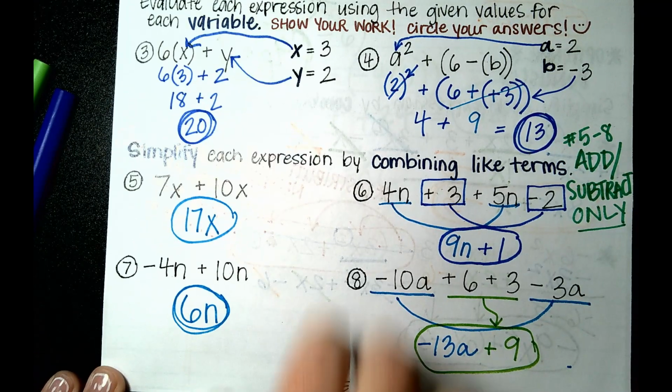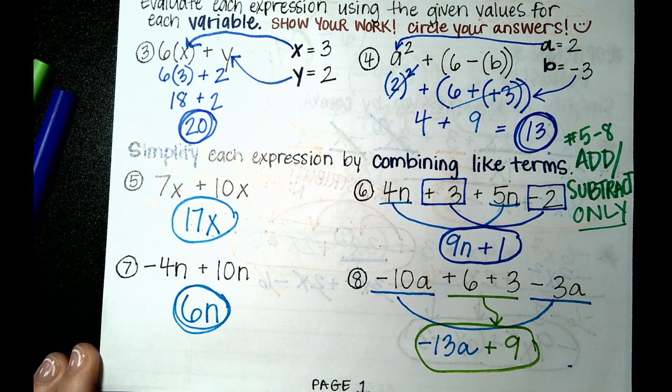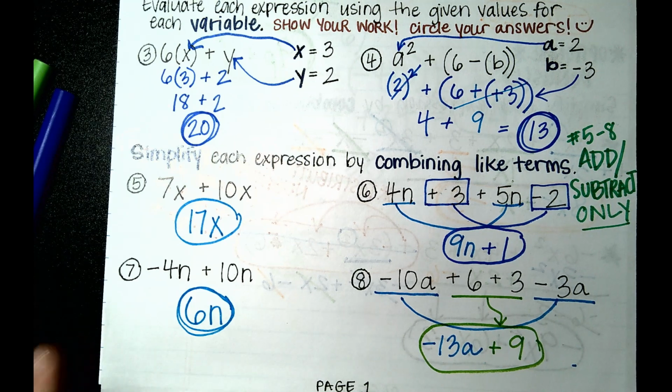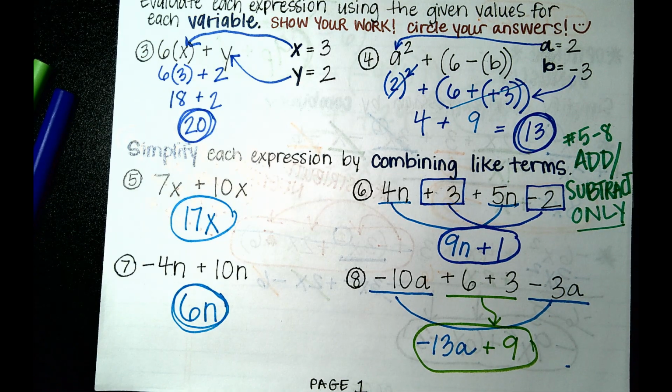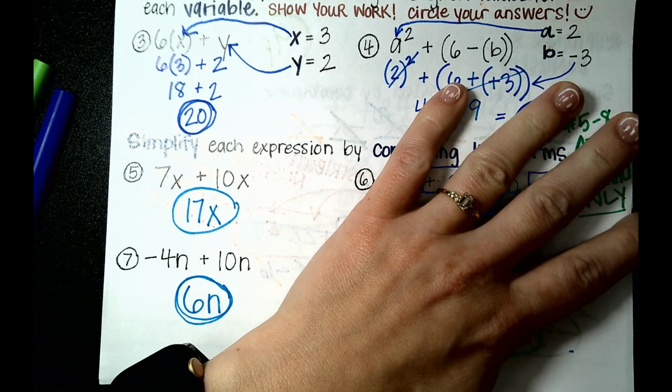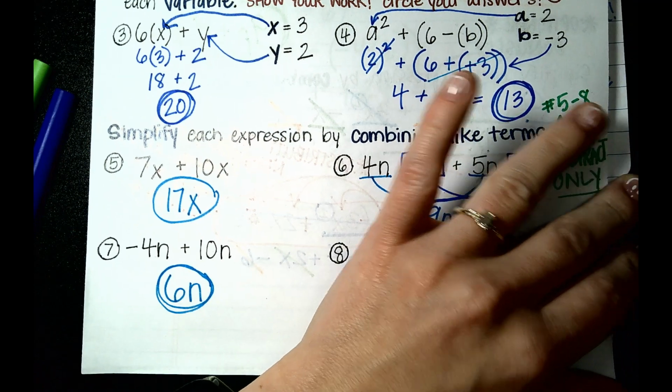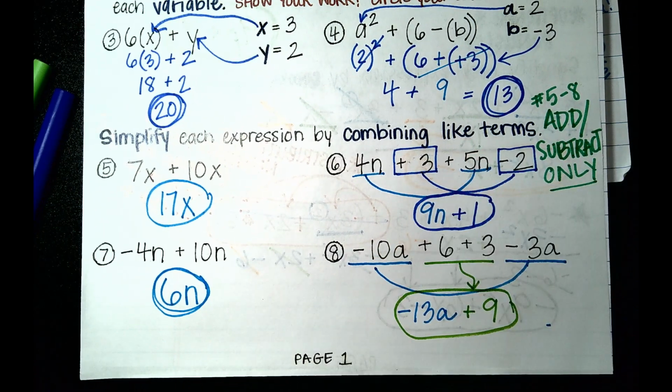Maybe you get to 4, and you're like, I need more practice on 4. So I'm going to pause the recording, and I want you guys to look through and circle the numbers that you feel like you need more practice on. And we'll come back and talk about those numbers and get you some practice problems for those types of problems. So I'm going to pause this and be back in a moment.